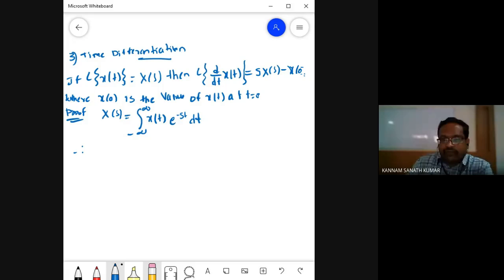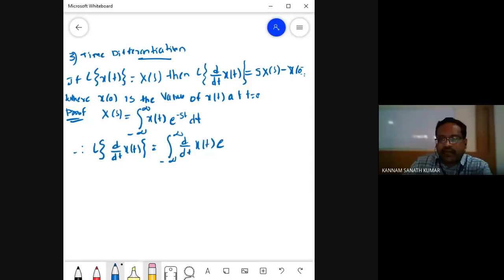Therefore you need to calculate the Laplace transform of d by dt of x of t. So it equals integration from minus infinity to infinity of d by dt of x of t into e power minus st dt.